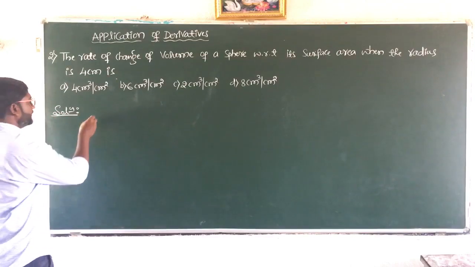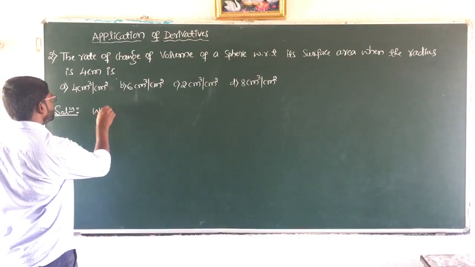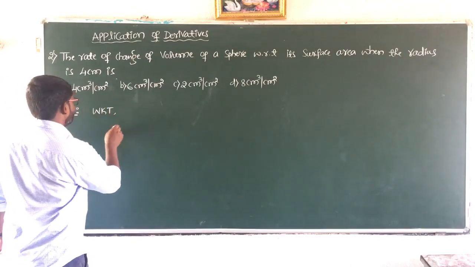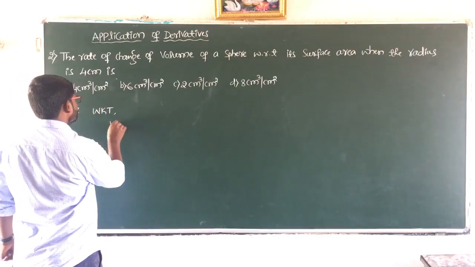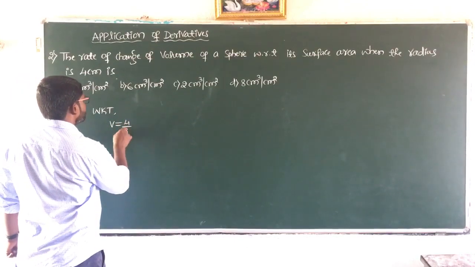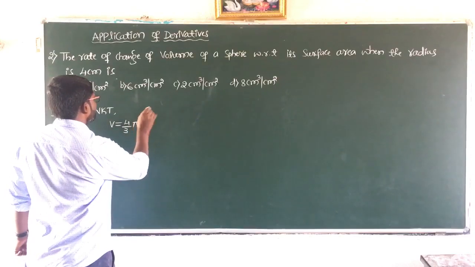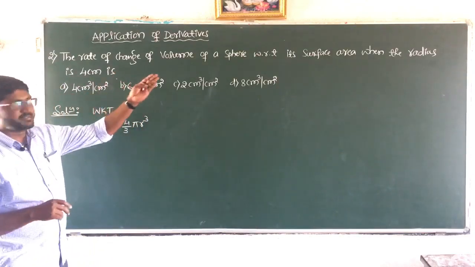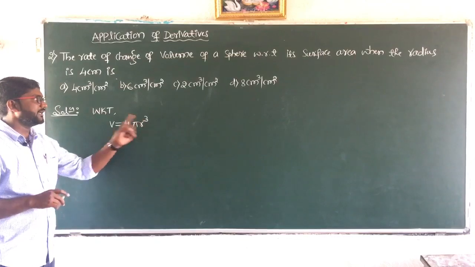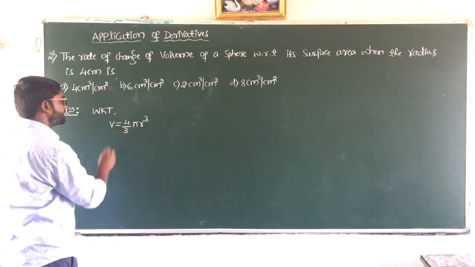We know that V equals 4 by 3 pi r cube. The volume of a sphere is 4 by 3 pi r cube. Differentiate both the sides with respect to r.